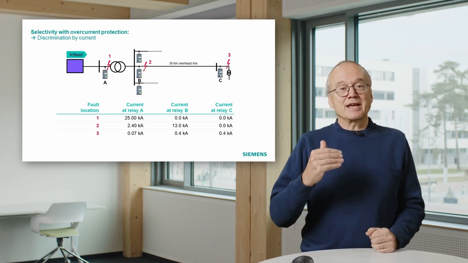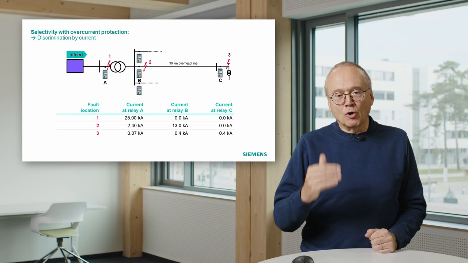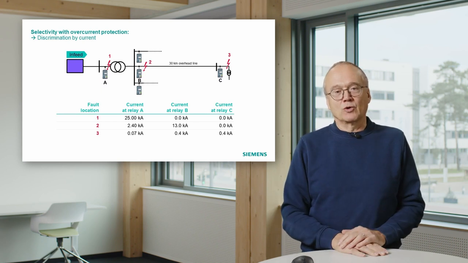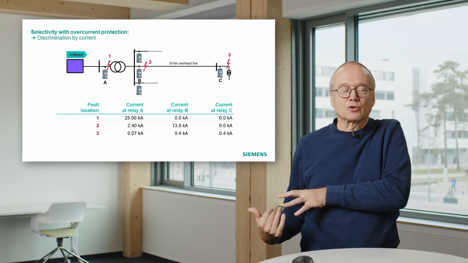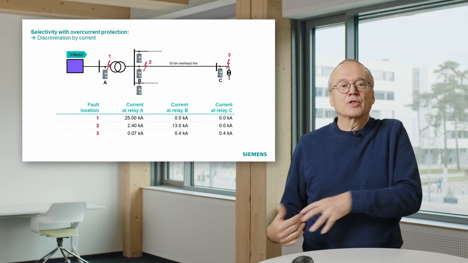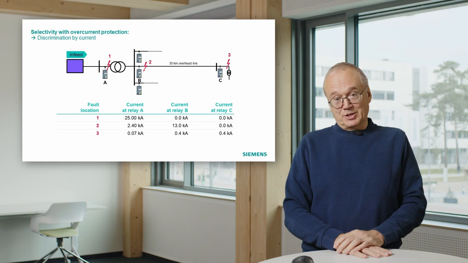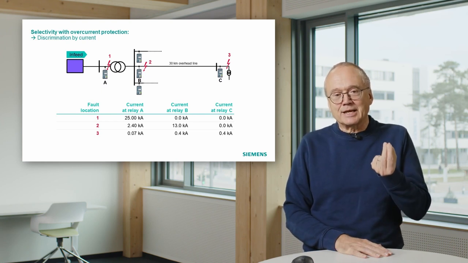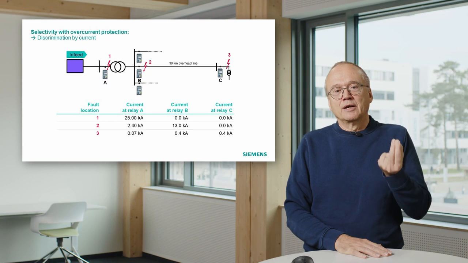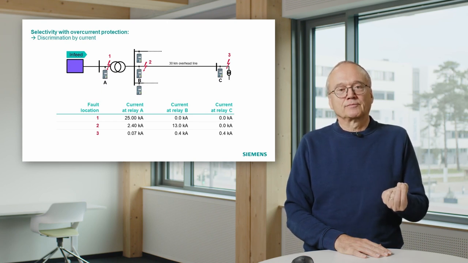That means if relay A sees a current more than 13 kiloamp, it knows this cannot be somewhere downstream. This must be on the high voltage side of the transformer. And for that reason, it can take this information as a base for a fast trip.